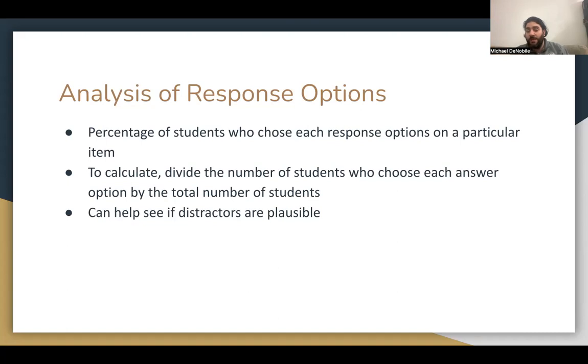B was still the right answer, so 75% of the class got it right. So in this analysis of response options, you can help to see if the distractors were plausible. And in my made up scenario, they were plausible to the students.